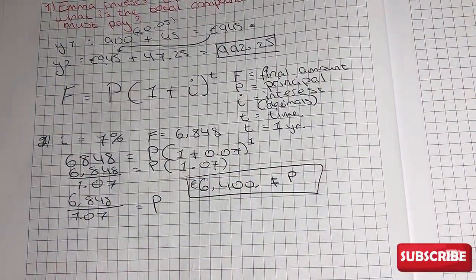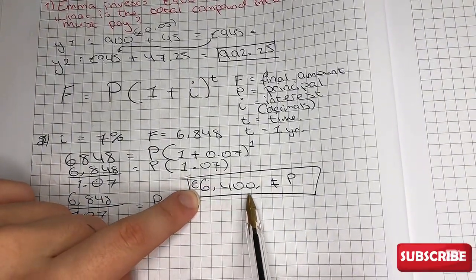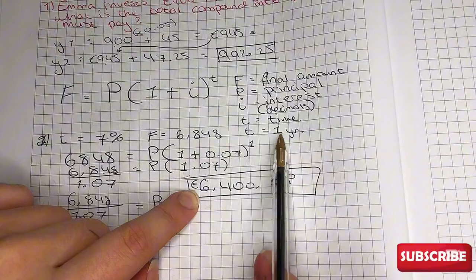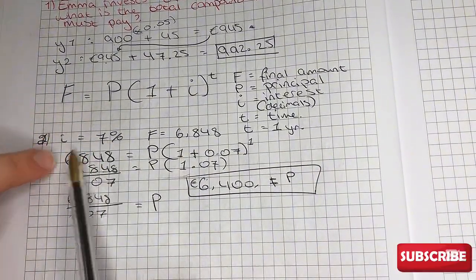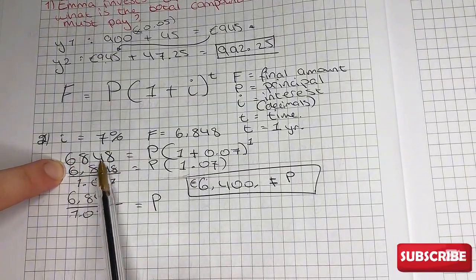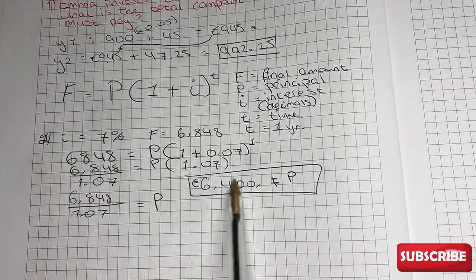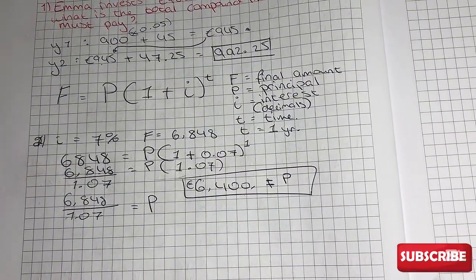So originally, this person invested 6,400, okay? Over the course of 1 year, there was a compound interest of 7%, which raised up to the price of 6,848 euro. But this is the sum that the person originally put in.